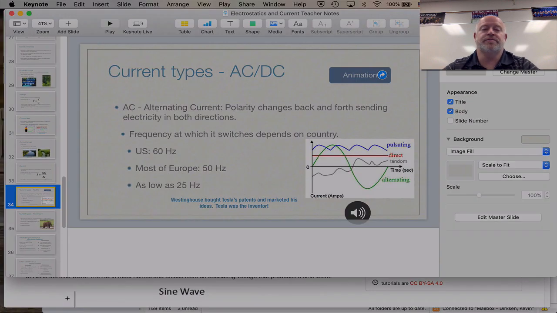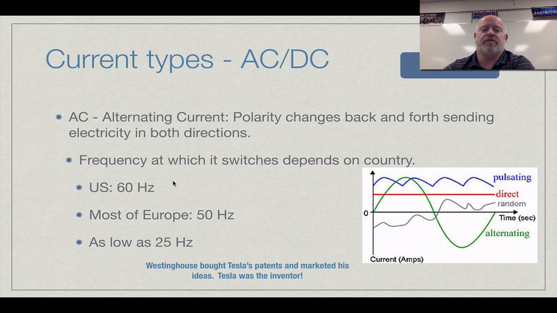Now, AC current in our country oscillates at 60 hertz. Most of Europe runs at about 50 hertz. There are places in the world that run as low as 25 hertz. As electricity was developed in the late 1800s and early 1900s, every country kind of adopted its own standard.